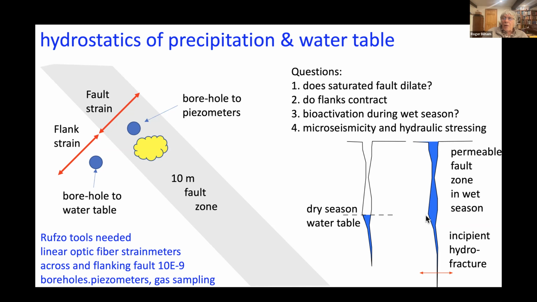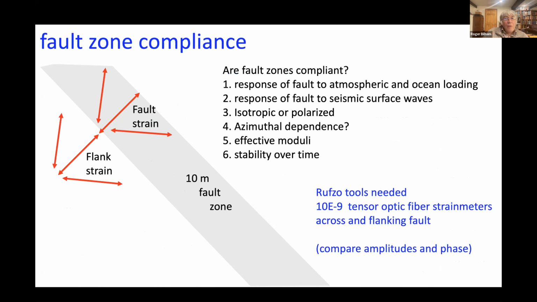Suddenly you get an additional load that's applied to the top of the water table, which effectively induces stresses that can produce hydrofracture. Well, we don't expect to get hydrofracture occurring because of that, but what we might see is some influence on the width of the fault zone. Essentially, we might be able to work out some of the parameters of the rheology of the fault zone from these passive forces.